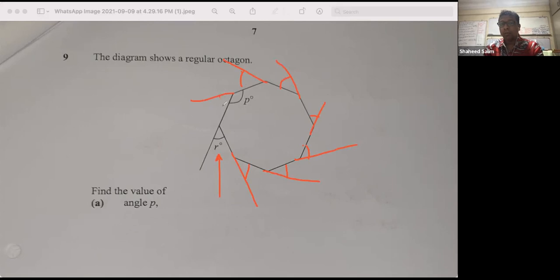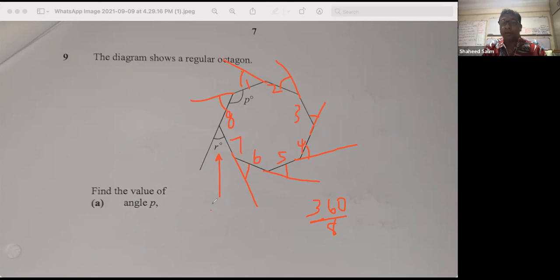So now how many sides are there? 1, 2, 3, 4, 5, 6, 7, 8. We find angle R first. 360 divided by 8. How much do you get? You find first. Okay, 360 divided by 8. Inchi says 45.